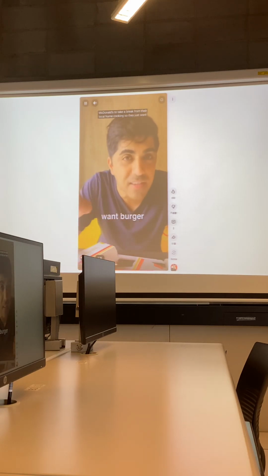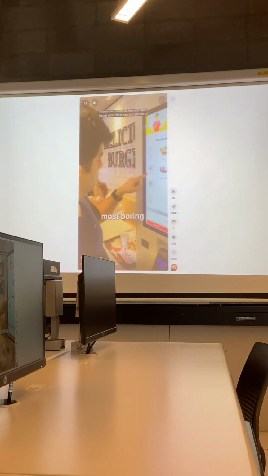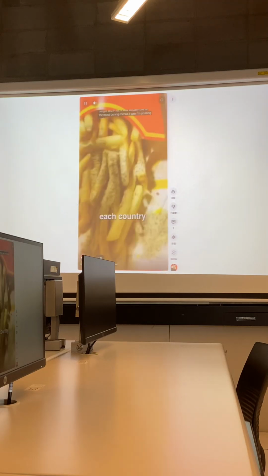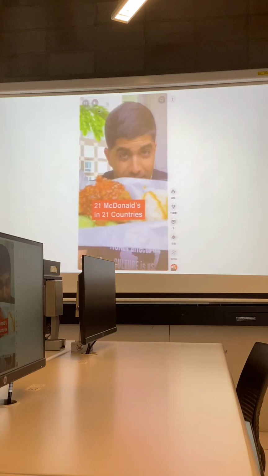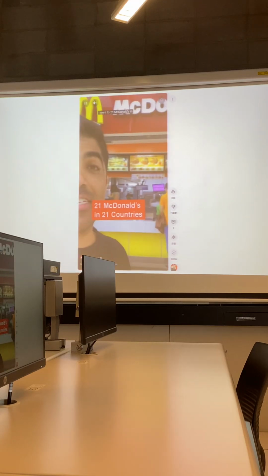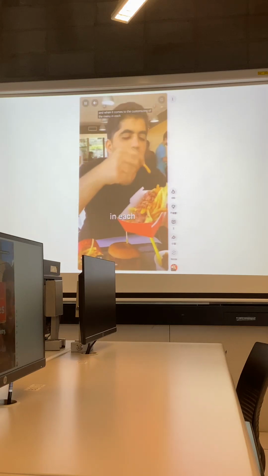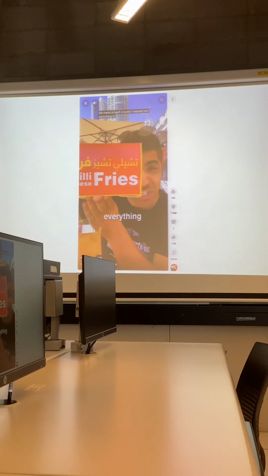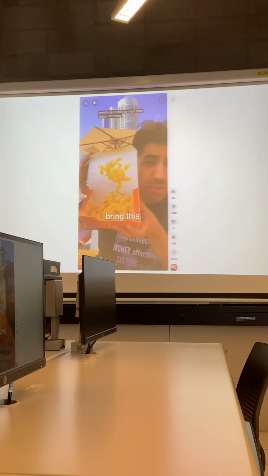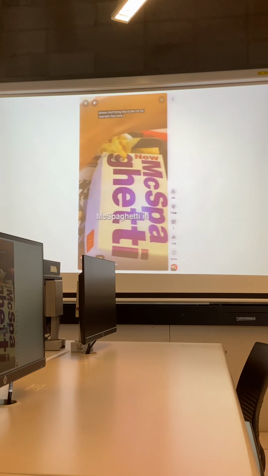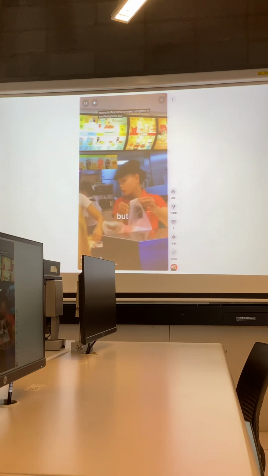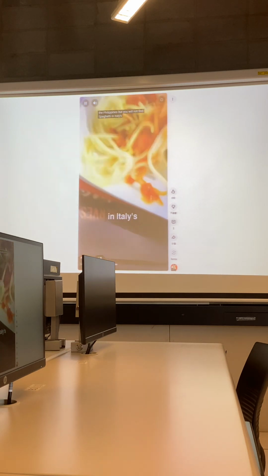Oh really? Yeah, all the portions are bigger in Mexico. Even the Big Mac is bigger. Yeah, the portions are bigger. And also because a lot of people like burgers. Do they sell chicken?